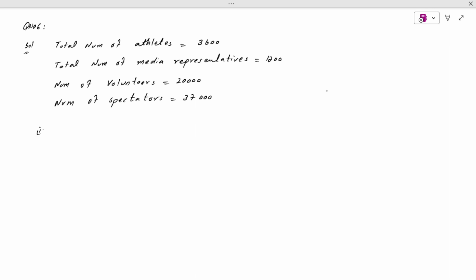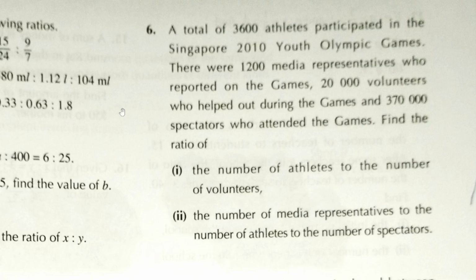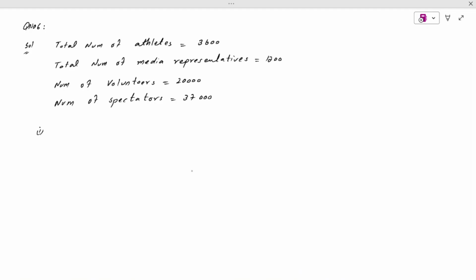So first we have to find the number of athletes to the number of volunteers. The number of athletes to the number of volunteers is equal to 3,600 ratio 20,000.